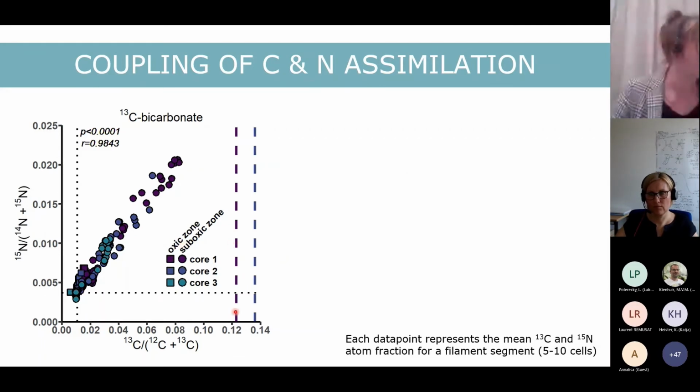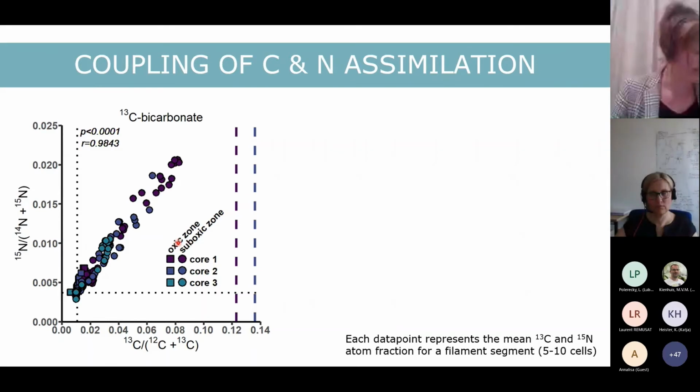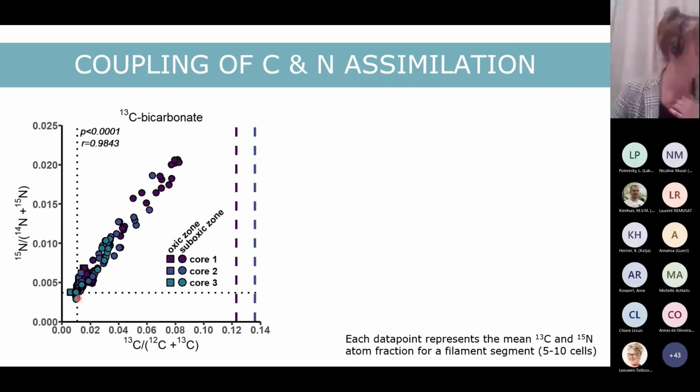And these lines represent the 13C atom fraction of the pore water, so the background label. All the squares were taken from filament fragments from the oxic zone, all the circles from filament fragments from the suboxic zone.